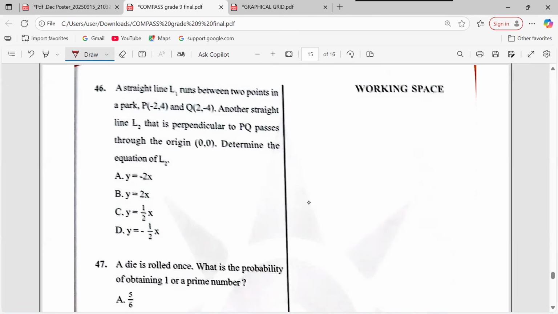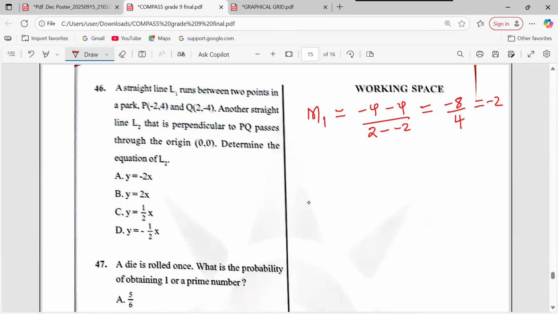Let's first get the gradient for PQ, gradient 1. Change in Y, -4 minus 4, over change in X, 2 minus -2. This is -8 out of 4, giving us -2.